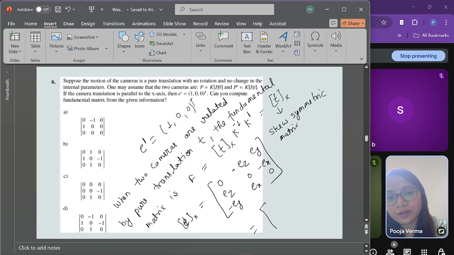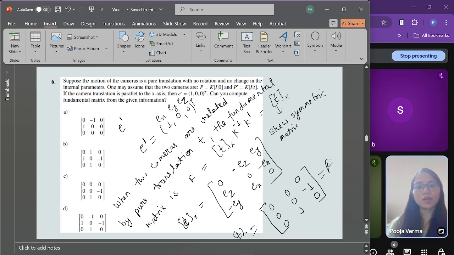Now what are the values of e dash given here? It is ex, ey, ez. So ey and ez are 0, and ex is 1, so we get 0, 0, 0, then 0, 0, minus 1, then 0, 1, 0. So the skew symmetric matrix for that is equal to the fundamental matrix. When two cameras are related only by pure translation, with no rotation, you can calculate it directly this way.